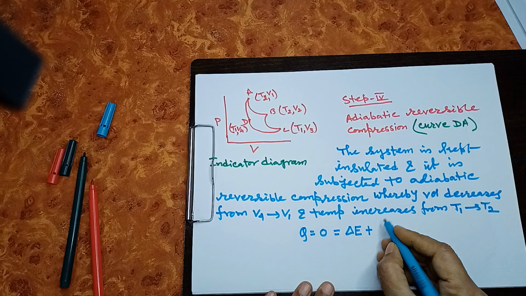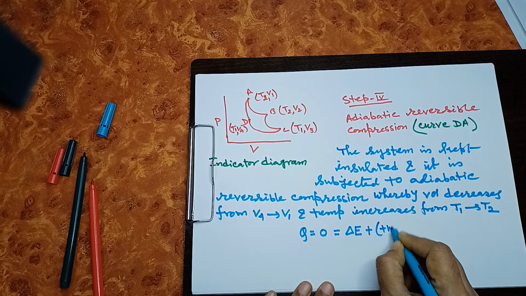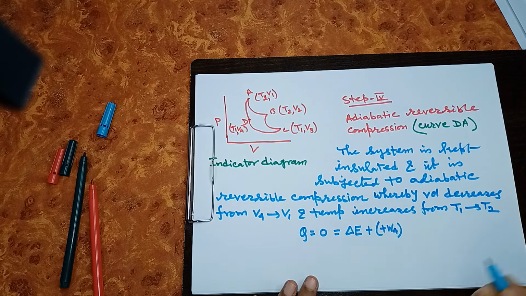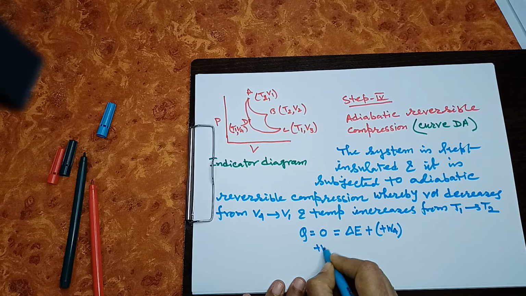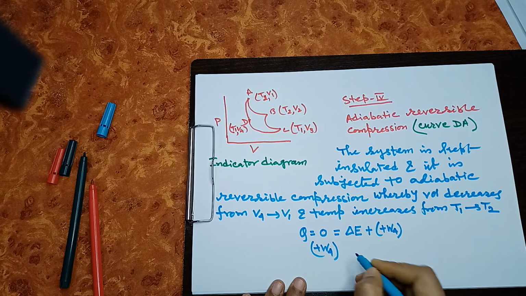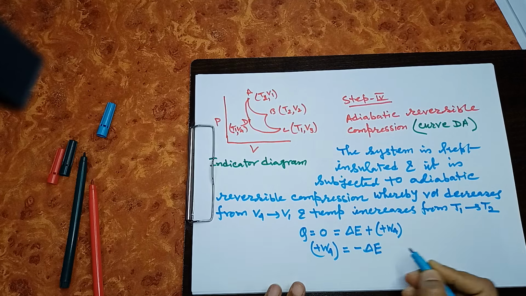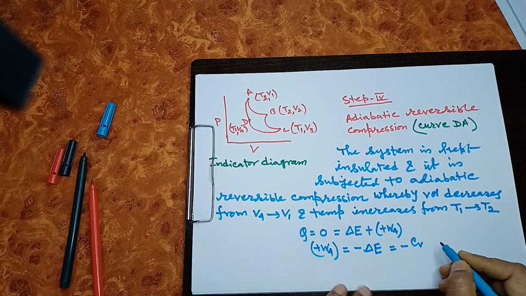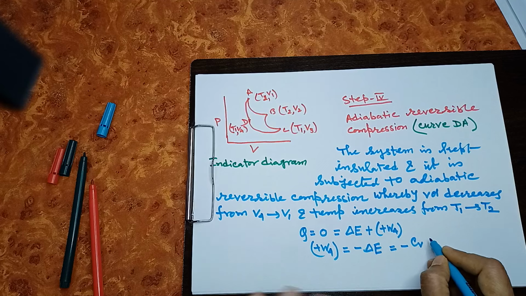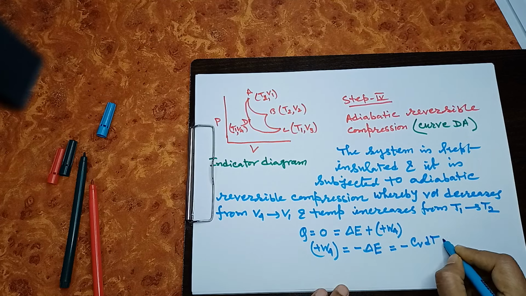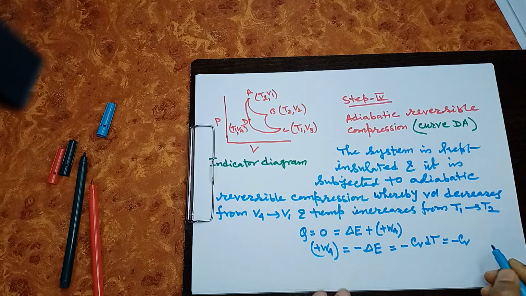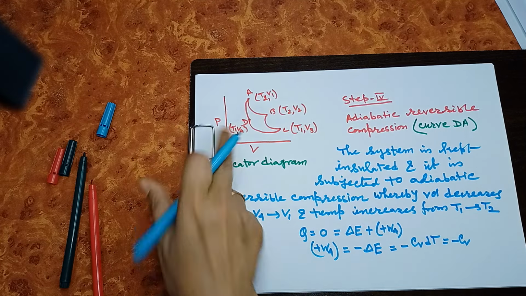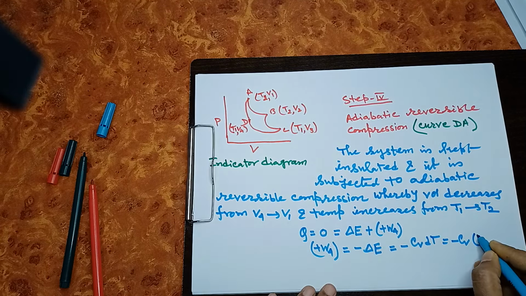Here it is done on the system, so plus W4, that will be equal to minus delta E, and minus delta E I can write as minus CV dT, where dT means change in temperature, final minus initial, that is T2 minus T1.